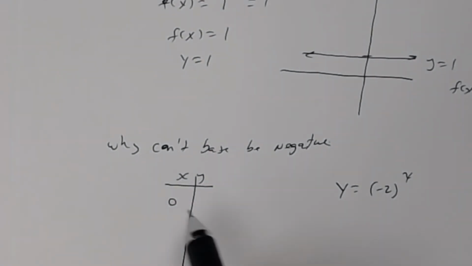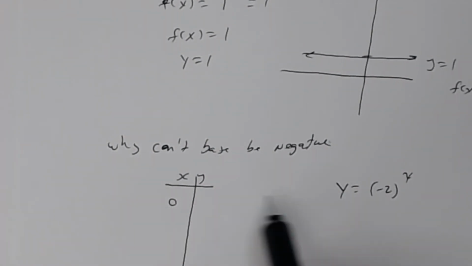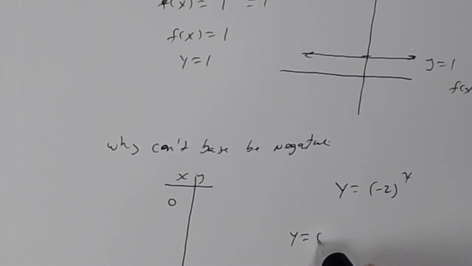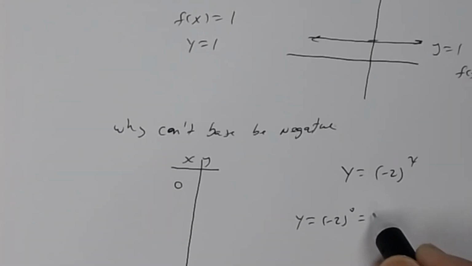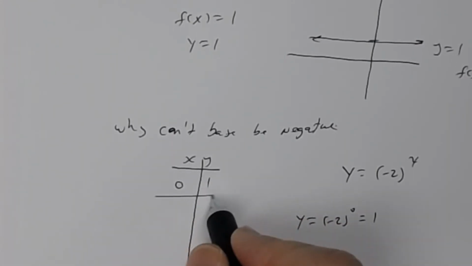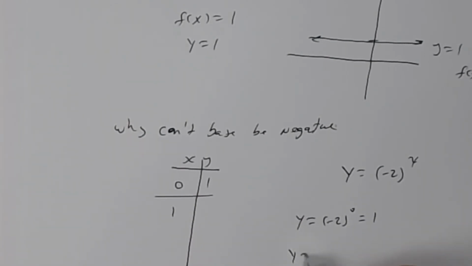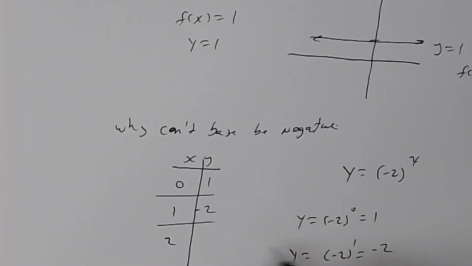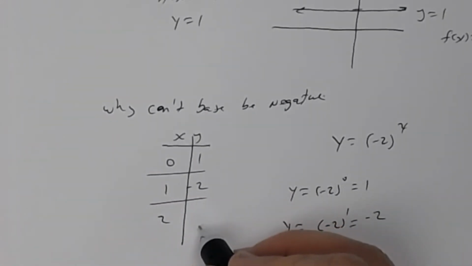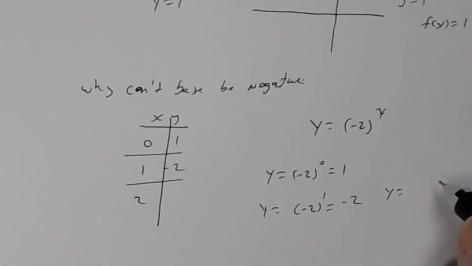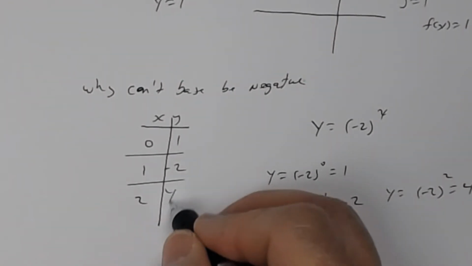The domain would be all real numbers. So if x is 0, you get -2 to the 0, which is 1. If x is 1, you get y equals -2 to the first power, which is -2. If x is 2, you get y equals -2 to the second power, which is positive 4.